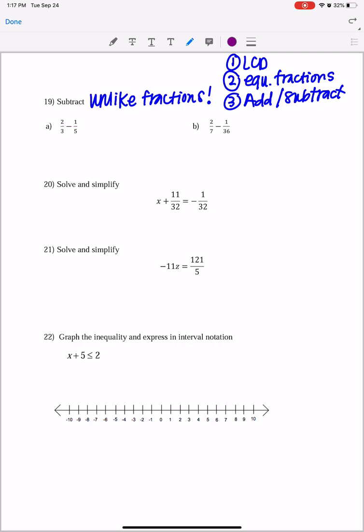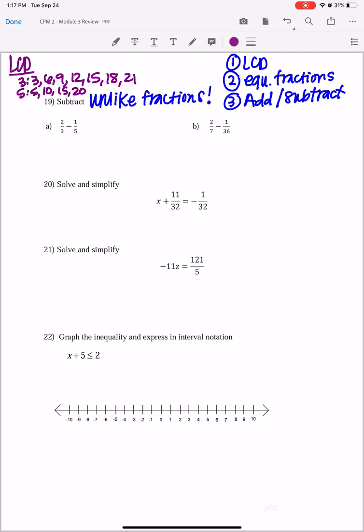When we look at these right here, you can list out your numbers. 3 is 3, 6, 9, 12, 15, 18, 21, and we could keep going, right? 5, 10, 15, 20. This is like 5 times 1, 5 times 2, 5 times 3, and so on. Okay, we're just multiplying.